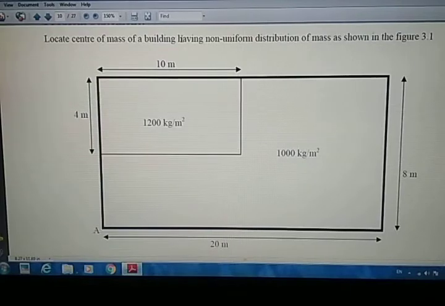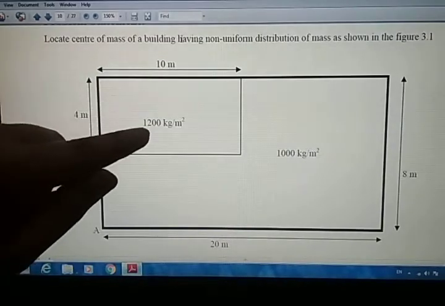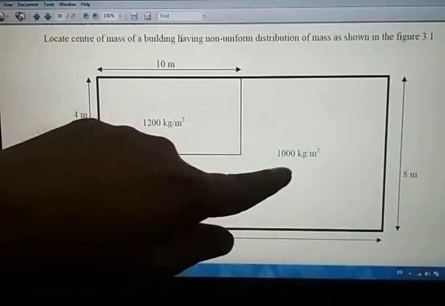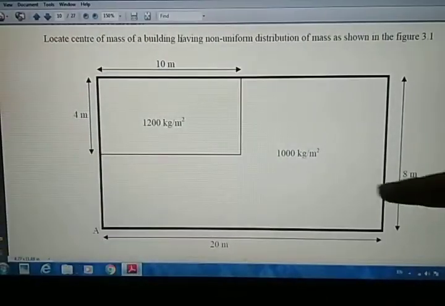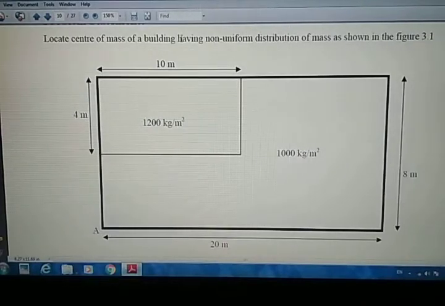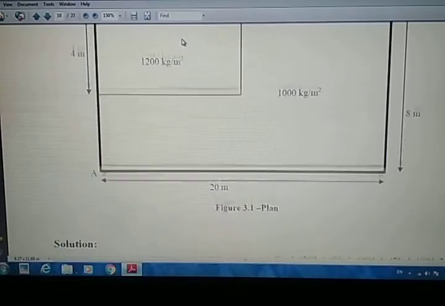The mass of this particular section is 1200 kilogram per meter square, and the remaining section is 1000 kilogram per meter square. So how can we calculate the center of mass of this section? We will see here.